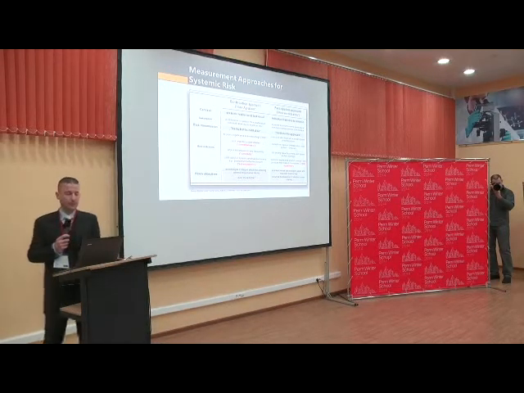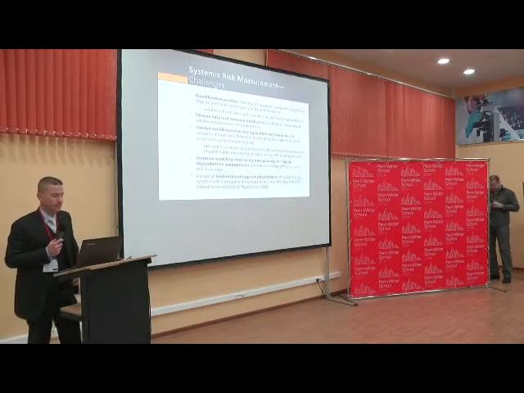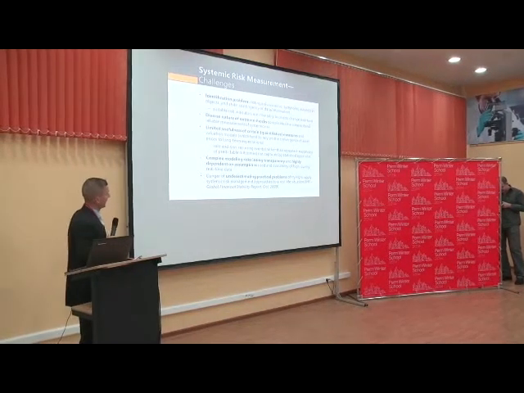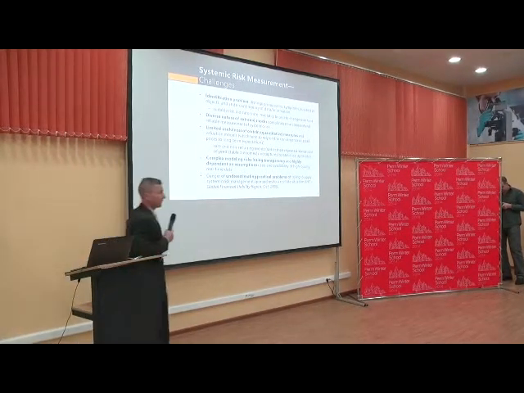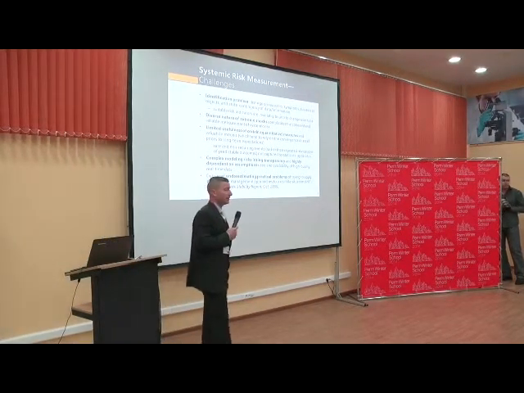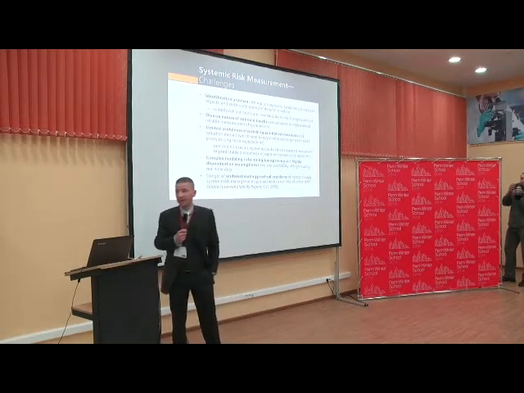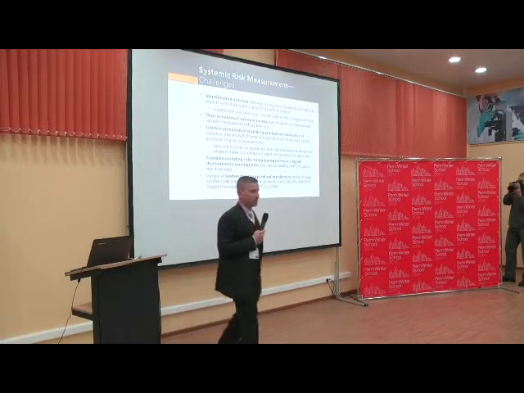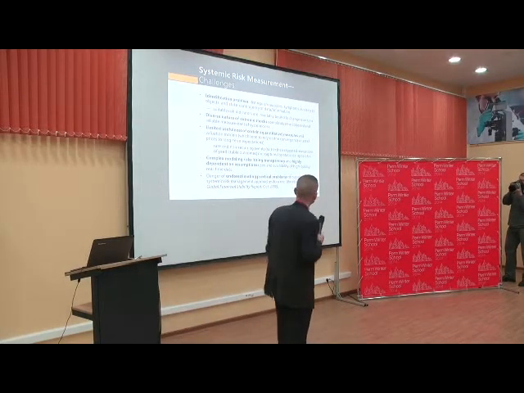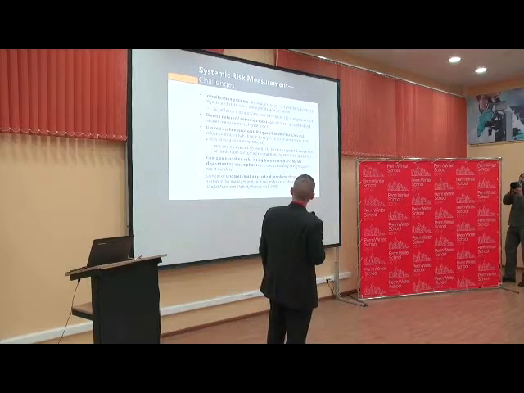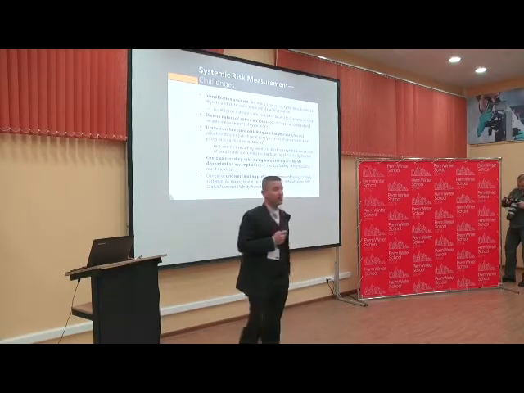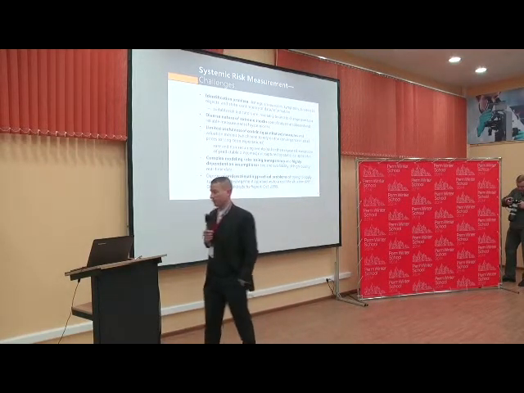So we get the definitions out of the way. Briefly, on systemic risk measurement, there are a few challenges, and I've listed some, and clearly I have no claim to comprehensiveness here. What are the challenges that we face when we model and measure systemic risk?